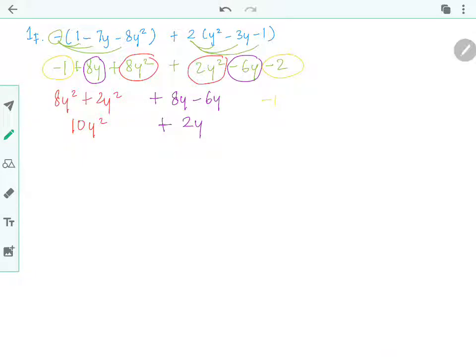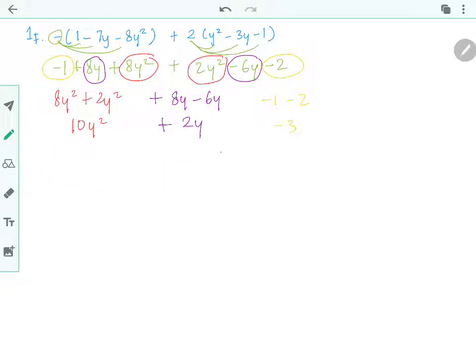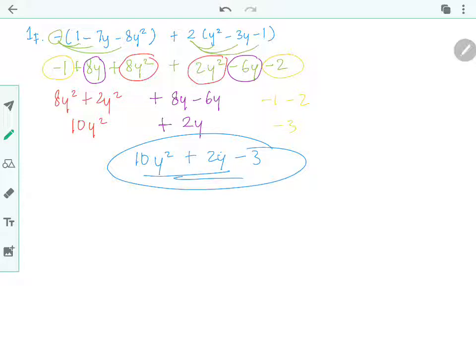So negative 1 minus 2 equals negative 3. For the final answer, we just combine all of them: 10y square plus 2y minus 3. So that's the final answer.